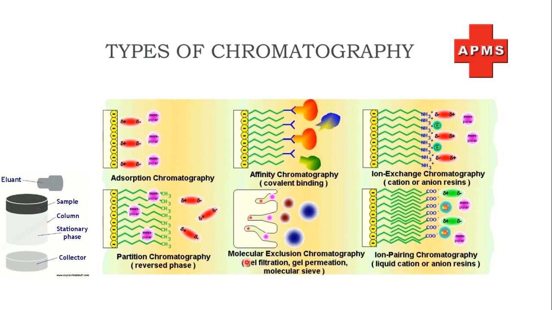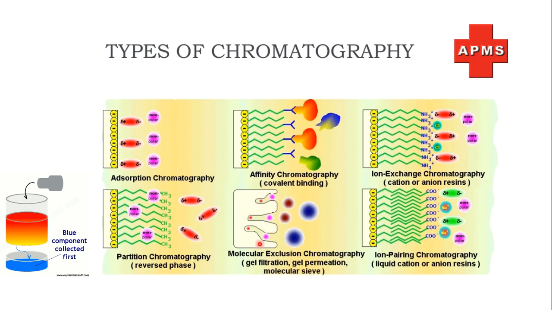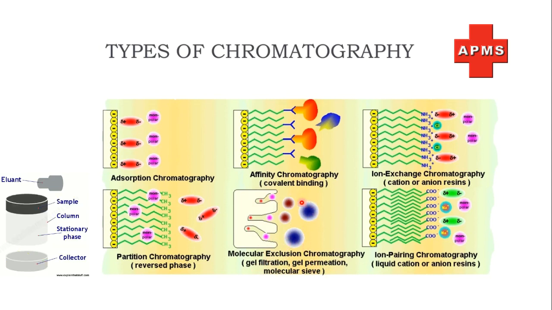Now the fourth one is molecular exclusion chromatography. This is used for gel filtration, gel permeation and molecular sieves. It is generally used for the purification and identification of high molecular weight compounds like polymers.